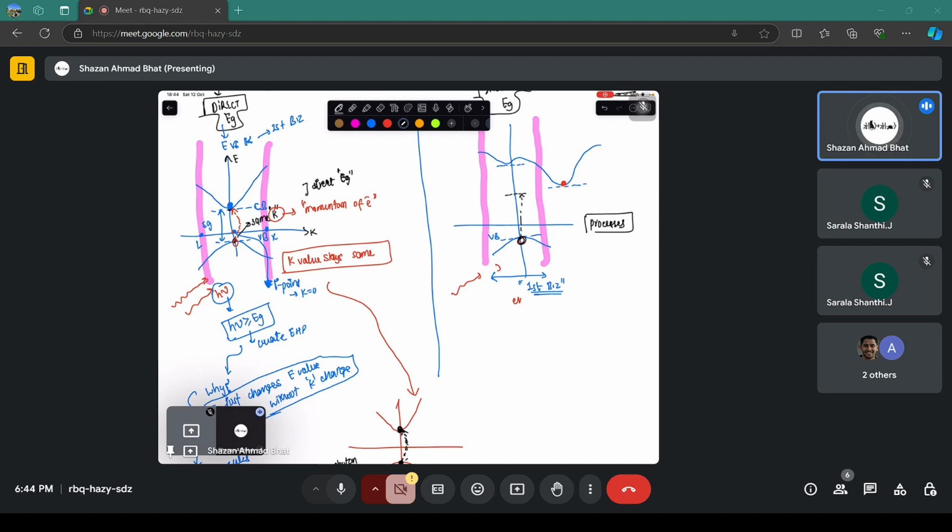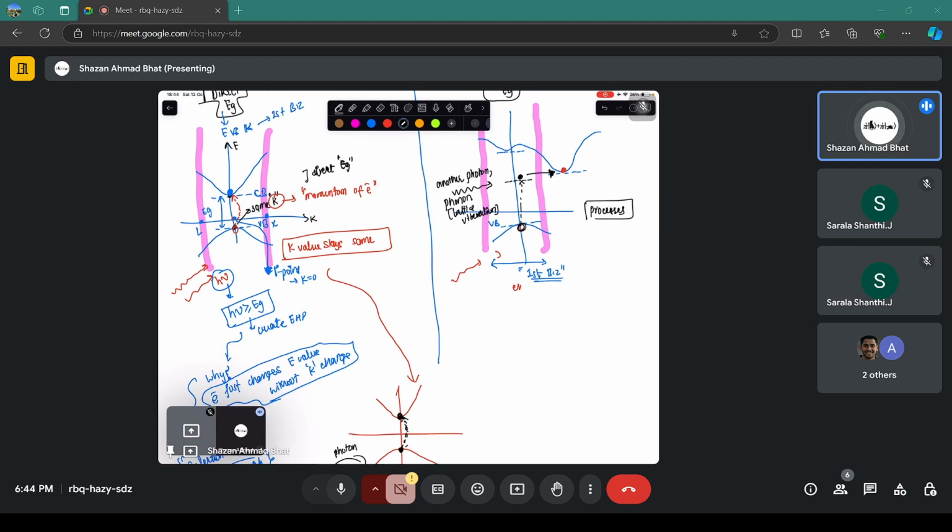Maybe there is a certain state present here, and another perturbation comes at this particular level and makes the electron go to this particular state. This can be maybe another photon, and this can be even a phonon. A phonon is because of lattice vibrations. We've talked about it in detail in the previous classes.